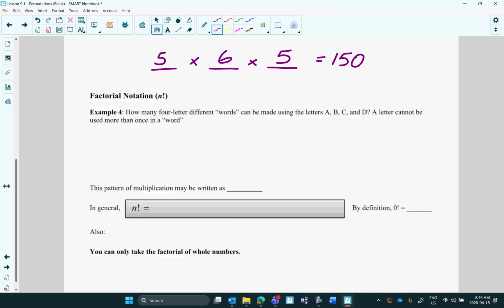So there's 4 positions. There's no restrictions. How many possible letters could I put here? Then, and 4 times 3 times 2 times 1 gives us 24 words.